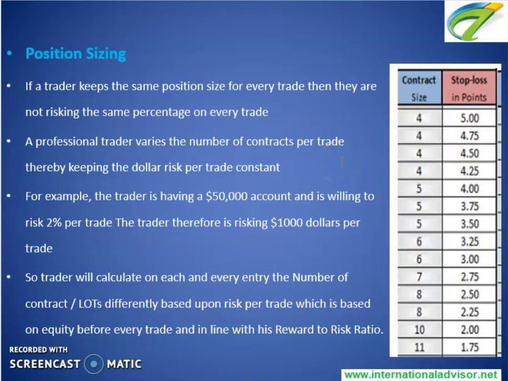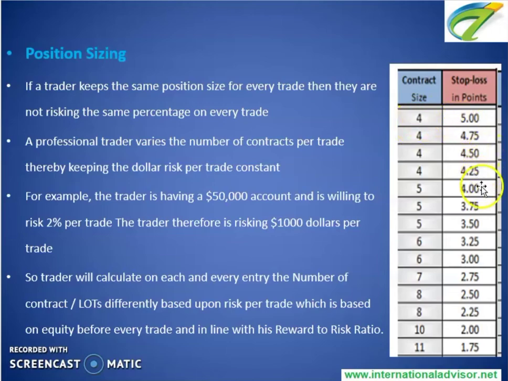and based upon price action, which we just studied in the third lecture, which was very much important as far as forecasting is concerned. So if our stop is 5 points away, we'll go for 4 contracts, and so on.